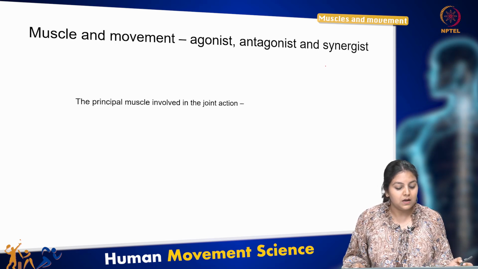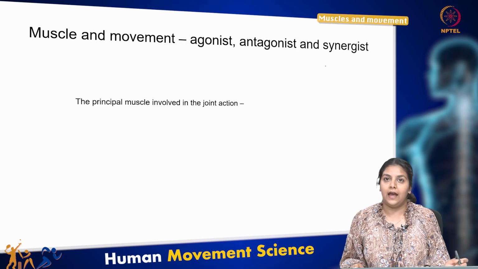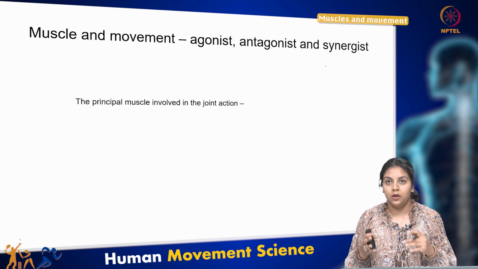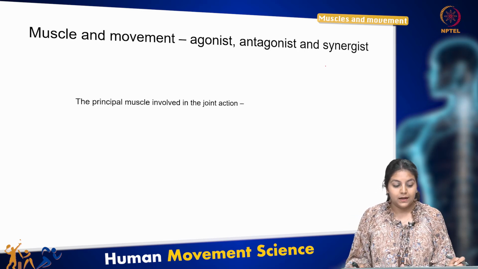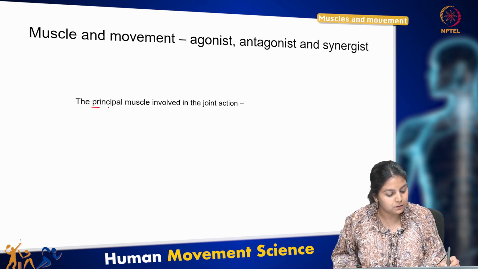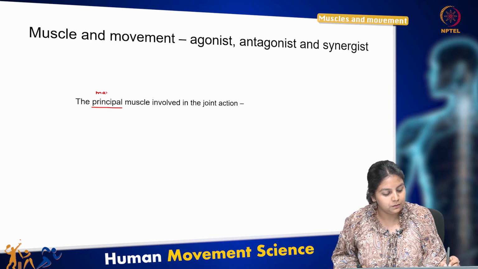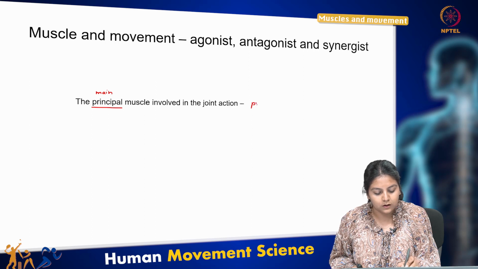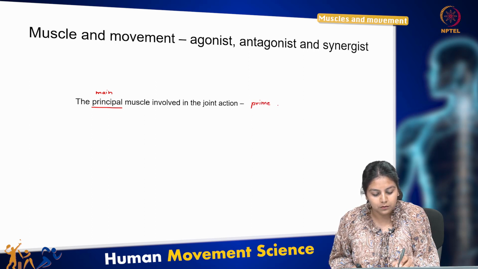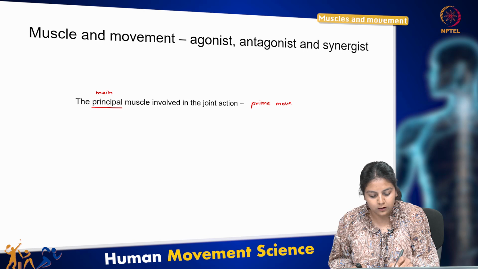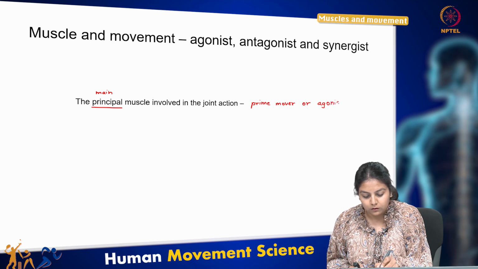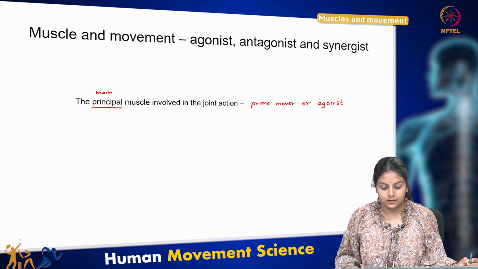The principal muscle involved in the joint action, the main one, of course you have groups of muscles for one particular action, but the main muscle involved in the joint action is called the prime mover, or the agonist.